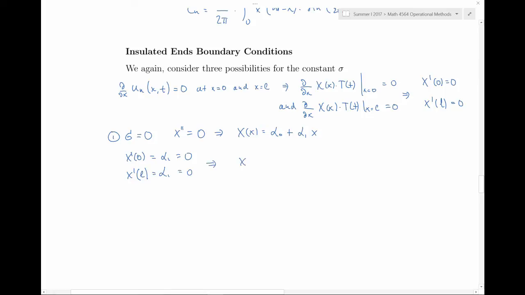That means that X is just a constant alpha naught. And again, without loss of generality, we can assign the value 1 to alpha naught, since later on, we're still going to be multiplying this function by a constant c naught.